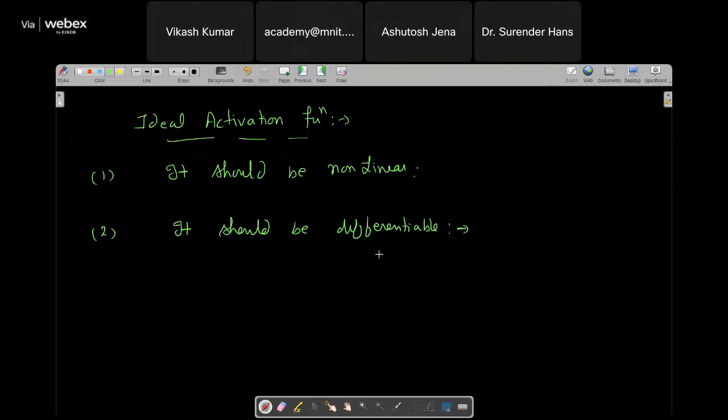So this one is mandatory. It should be differentiable. The third one is that the activation function should be computationally inexpensive.